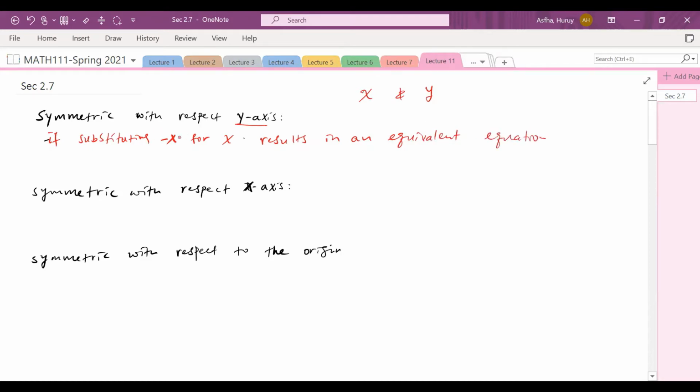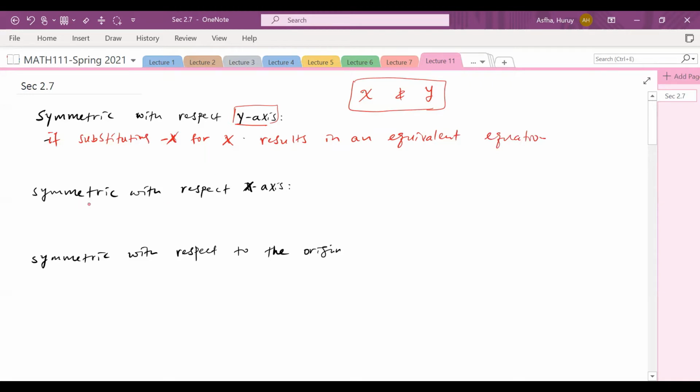Okay, so in that equation, in whatever that equation of x and y is, if we substitute negative x for x, and if we get the same equation, well, that's when we say the graph is symmetric with respect to the y-axis.